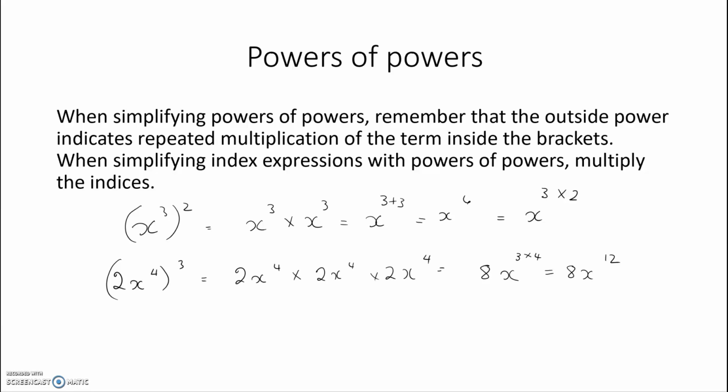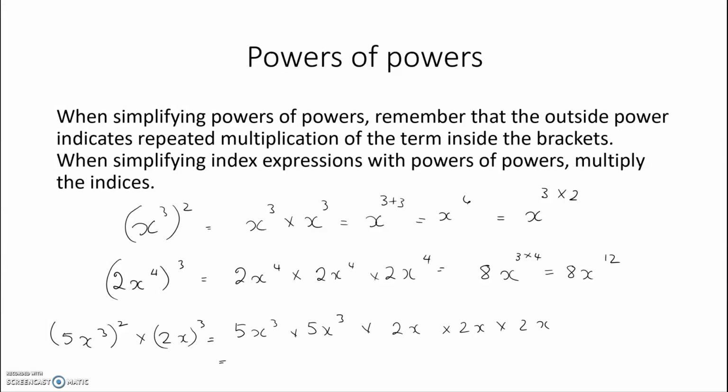Now, more complicated again, 5x cubed squared times 2x cubed. Write it out in full. 5x cubed times 5x cubed times 2x times 2x times 2x.